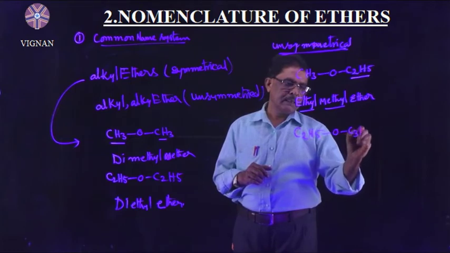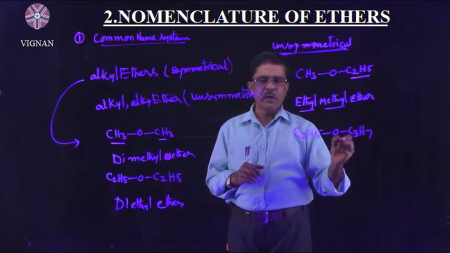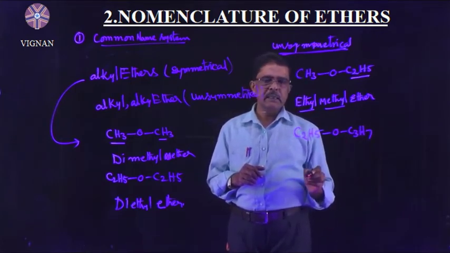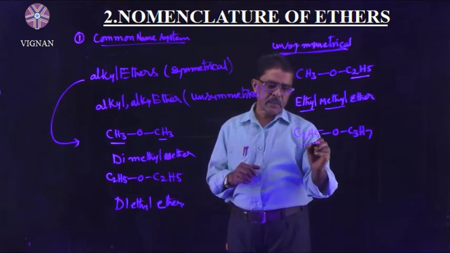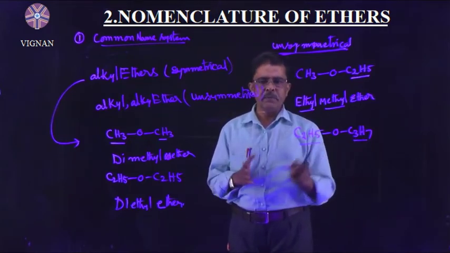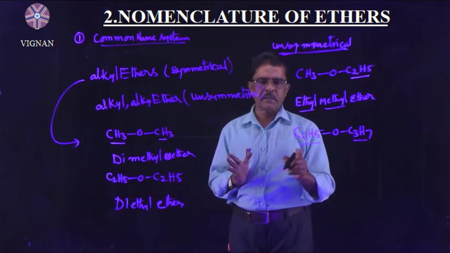And one more example I want to write, ethyl propyl ether, C2H5OC3H7. In this case also, which comes first alphabetically? The alkyl group ethyl comes first.